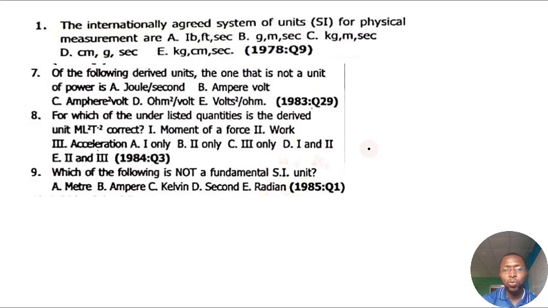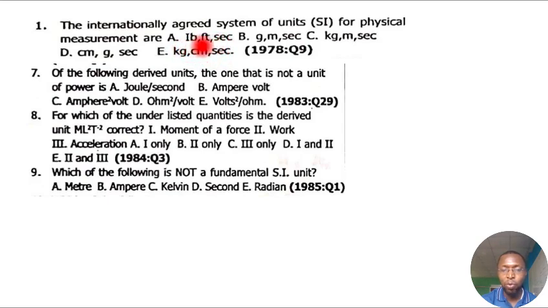So let's see one or two questions. Look at this question here. It says the international system of units for physical measurement are, we have lb, ft, second. Okay, so this option A is not it, because we don't use this anymore.